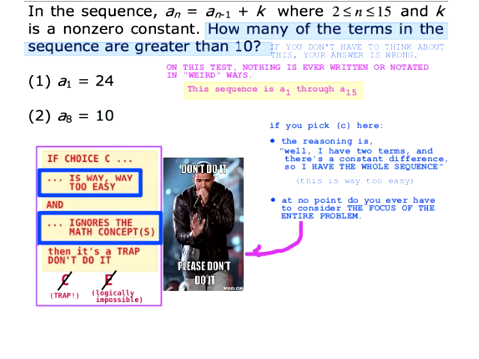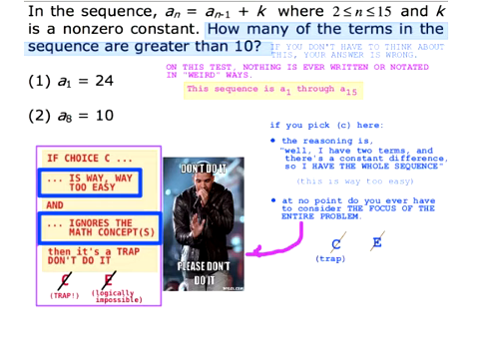Also, C is a trap. I mean, don't pick it. There's like 20% of the problems above a certain level that are this kind of trap in data sufficiency. There's so many of them. Don't pick C because it's a trap. Don't fall into it. But also don't pick E, because E is just logically an absurd answer.